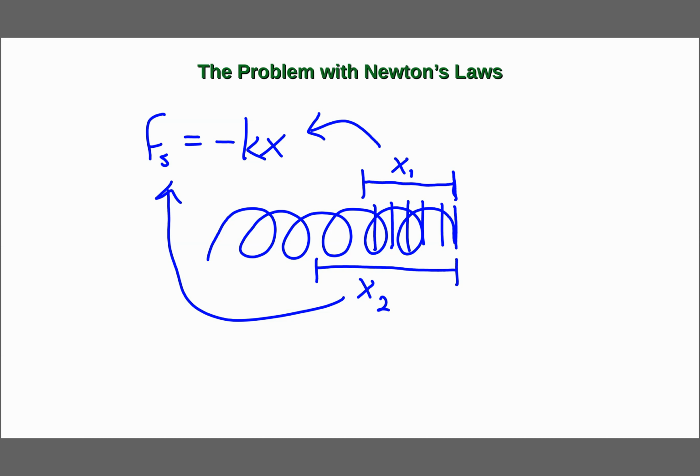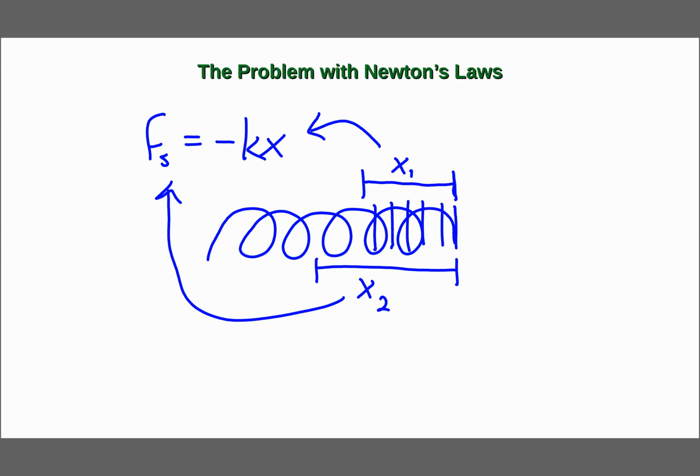This is a really hard problem to solve using the tools that we've learned so far, because we solve for things that have constant net forces and therefore constant accelerations. This is the exact opposite. The net force is always changing, and so the acceleration is always changing.